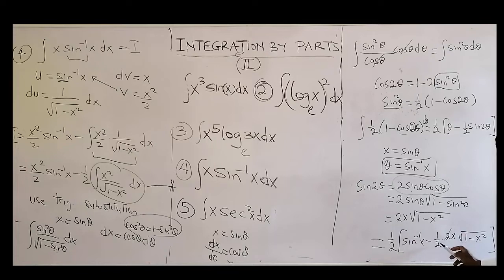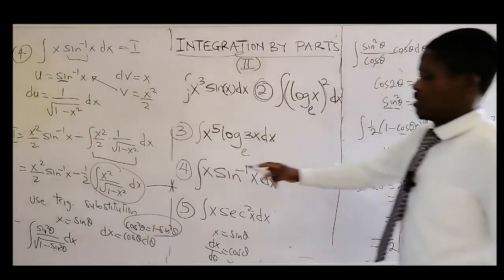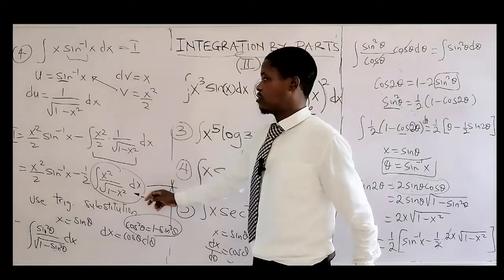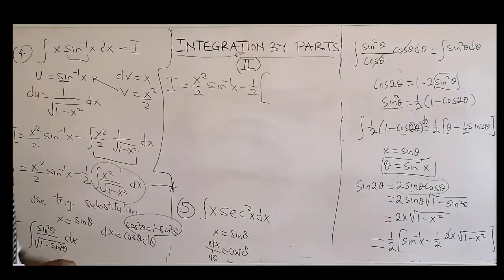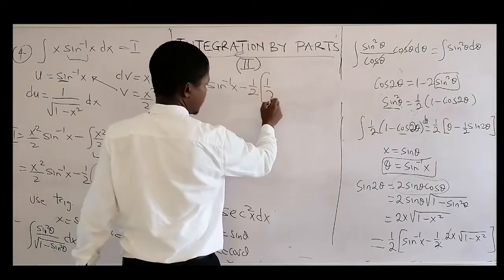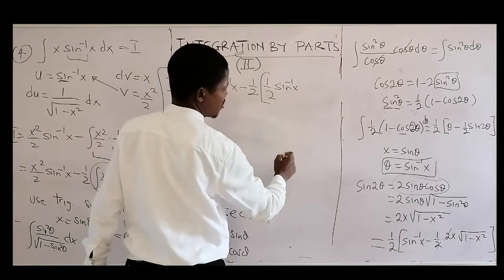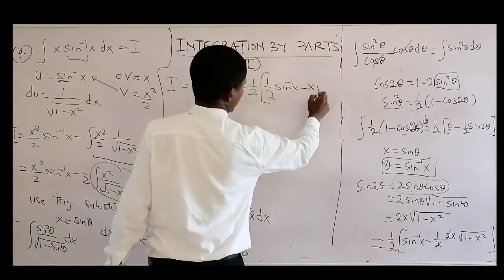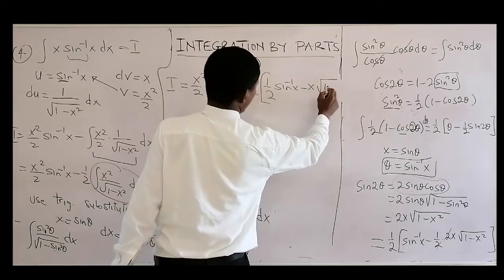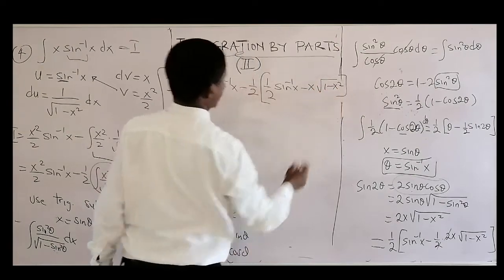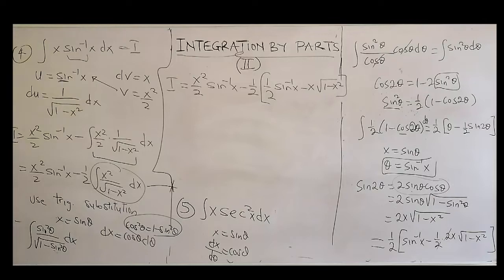So 2 we cancel here, 2 we cancel there, don't forget that. So I think we have finished now. We just go back here and do the final substitutions. Take the expression, we have half arc sine x minus x root 1 minus x squared. So that's what we have there.